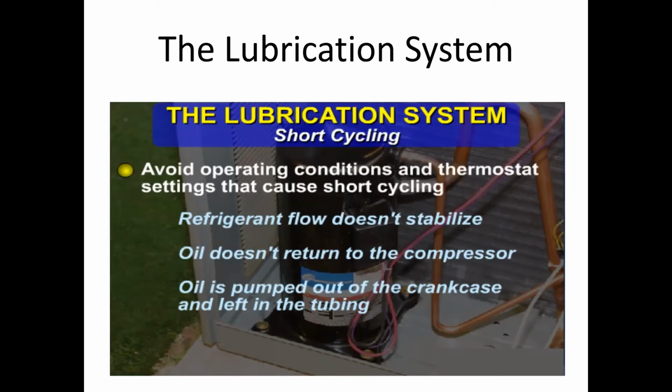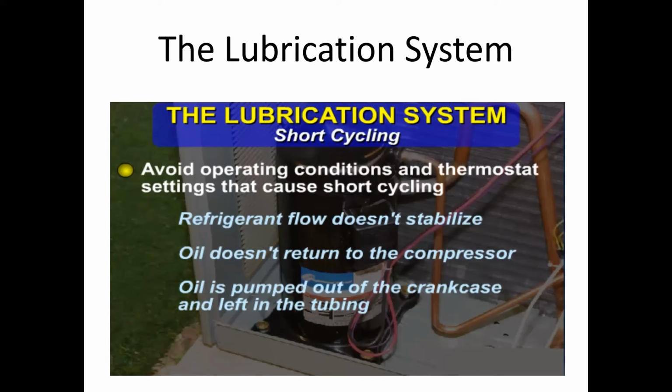Most modern thermostats have anti-short cycling devices in them that avoid short cycling. What short cycling is, for those of you that don't know, is when a system runs for a very short period of time. If a system starts and then immediately stops, a lot of times what's happening is we're pumping a lot of oil out of that crankcase, and we're not giving that oil time to come back.